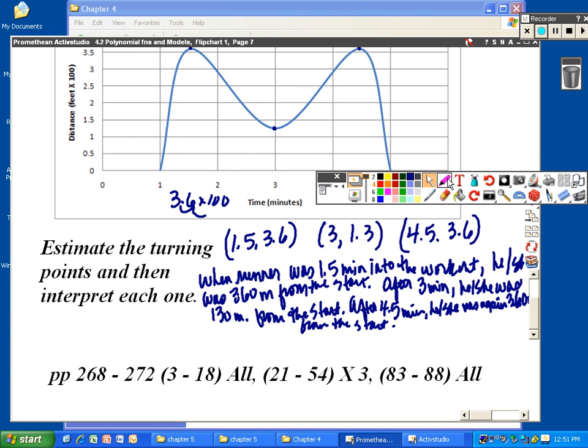It should make sense on a circular track. There are your problems. You can begin.